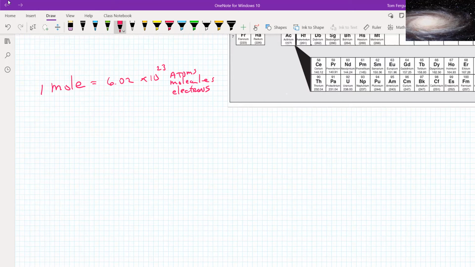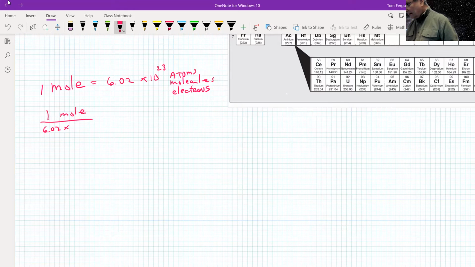Okay, so like unit 1, we were doing dimensional analysis. We're going to convert this into a conversion factor. So the conversion factor is 6.02 times 10 to the 23rd atoms per mole. I'm going to put atoms down, but it could very easily be molecules or electrons or ducts. It's just a number. And then every time we have a conversion factor, we have the inverse of it as well. So that means you automatically get the reciprocal.